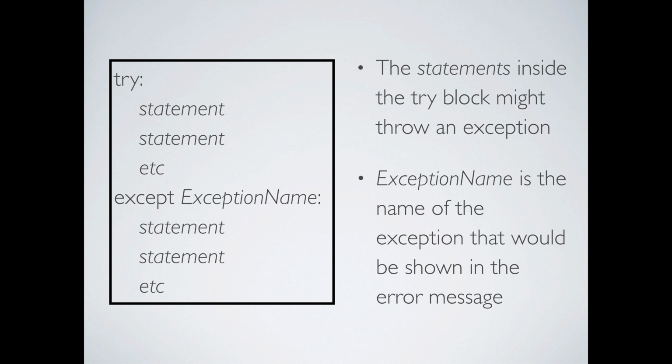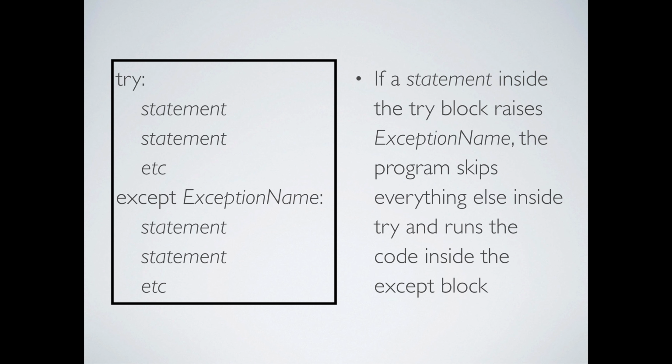The way you want to set up these try and except blocks is you always have the word try, and then the code that you're trying to run is right underneath try. Then you have the word except, and right after except you use the same exact exception name that came from this red error message. Underneath the except is the code that you do if the try fails. So again, the code is going to try to run the stuff in try.